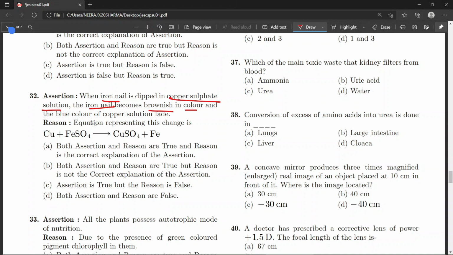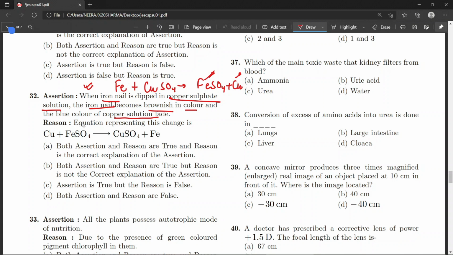So the brownish color and the blue color of the copper sulfate fades, right? So this is correct. When iron is reacted with copper sulfate solution, you get FeSO4 plus copper, right? The color of the solution changes and also the iron becomes brownish because of the formation of copper, right?